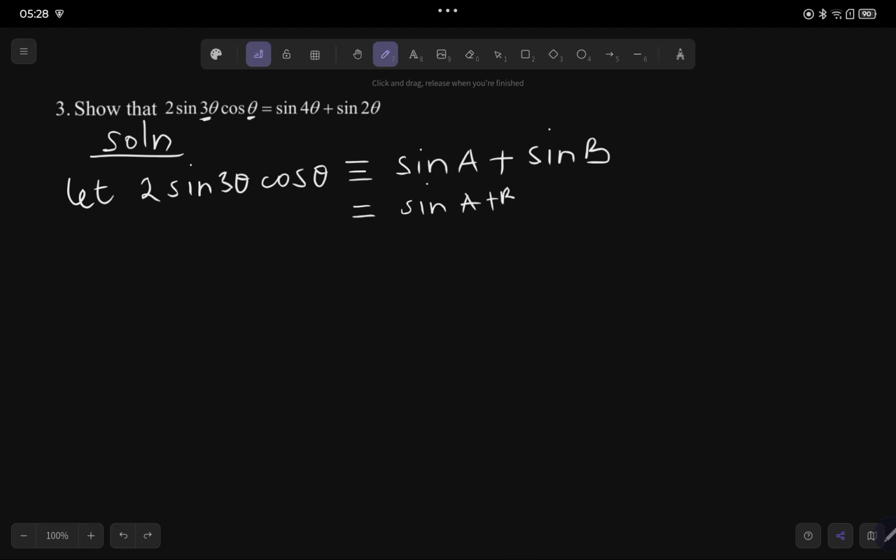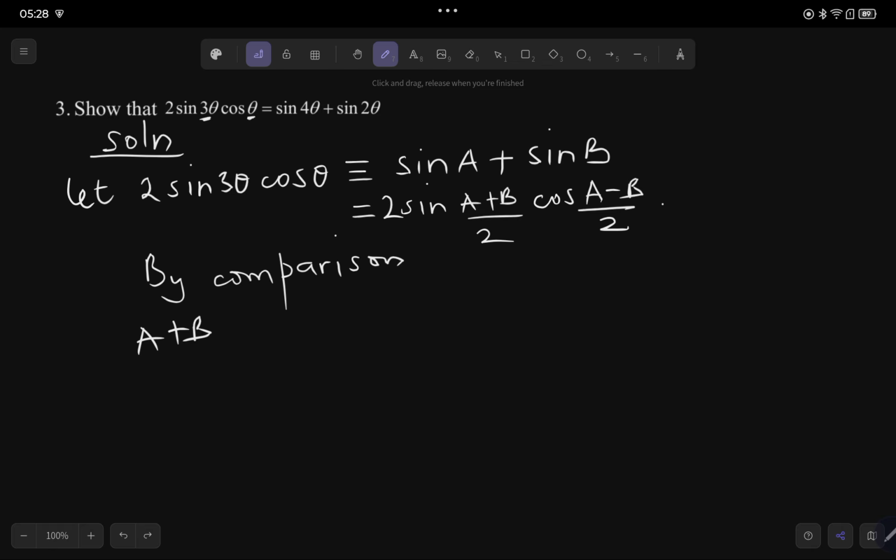So this being our 3 theta, it means here I would have this A and B. This is A plus B over 2, then cos A minus B over 2, which means by comparison, A plus B over 2, this one is 3 theta, which means A plus B is equal to 6 theta.